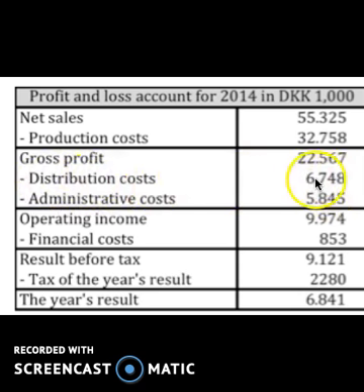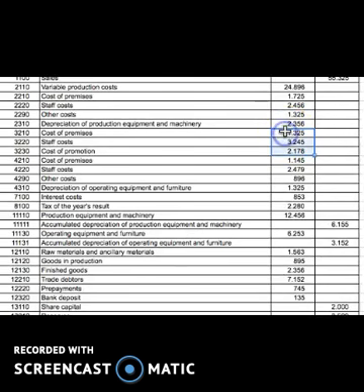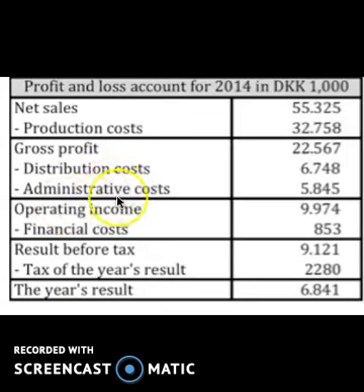The next one is the distribution costs. As we see here, it's 6,748. If we include cost of premises, staff cost, and cost of promotion, we have the total of 6,748. Then we have administrative cost of 5,845.